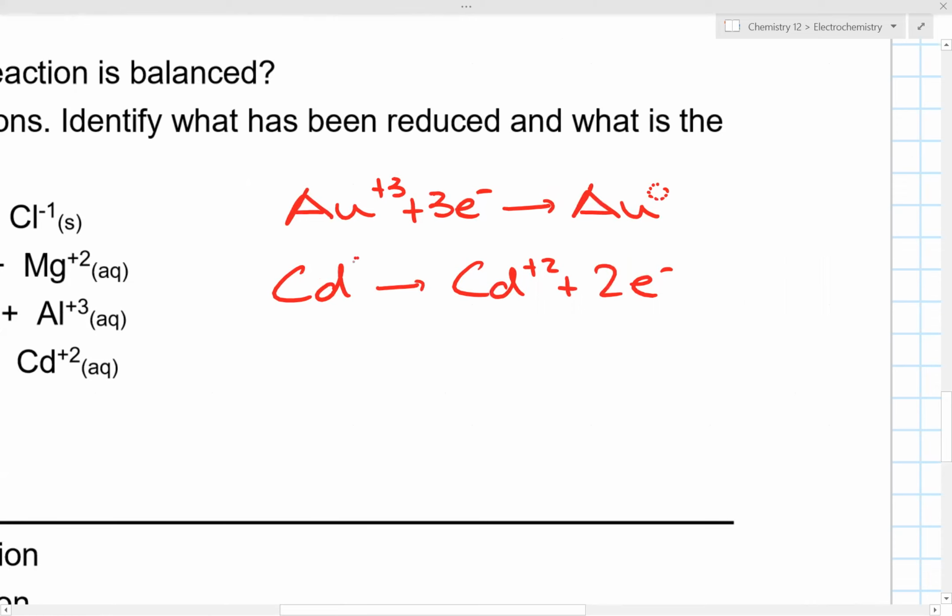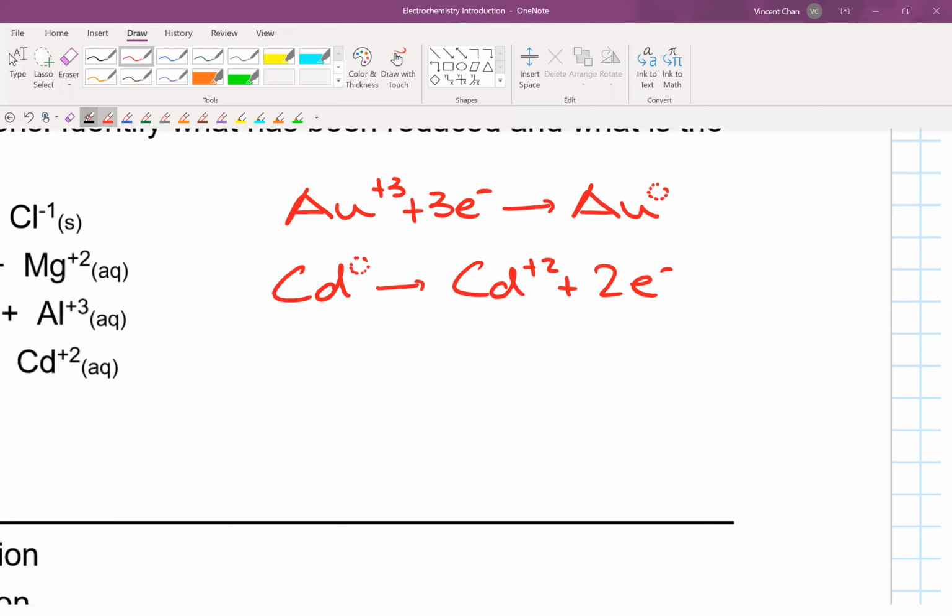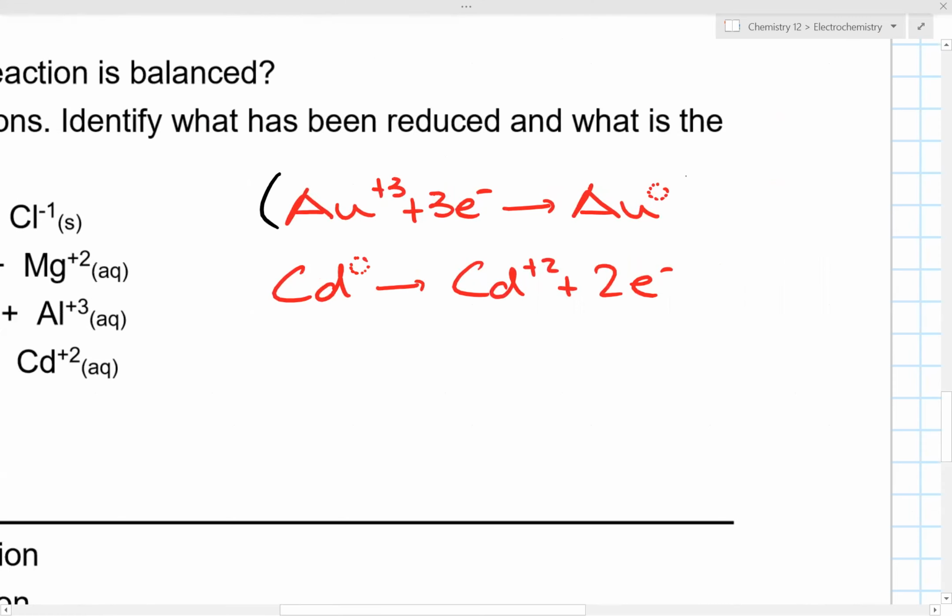And here, cadmium lost 2 electrons because it needed to go from a 0 charge to a plus 2. So once we figure this out, the top equation we need to multiply by 2, and the bottom equation we need to multiply by 3. Again, why do we do that? Because we want to balance out the number of electrons.